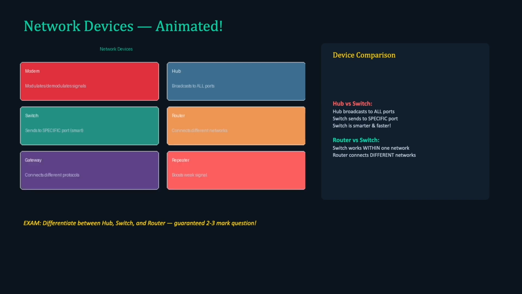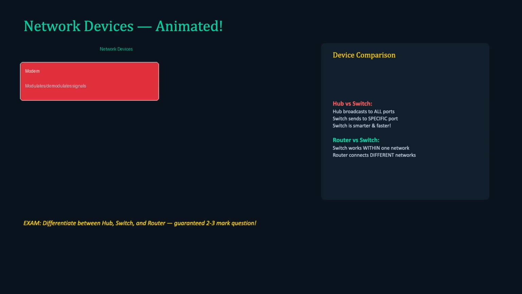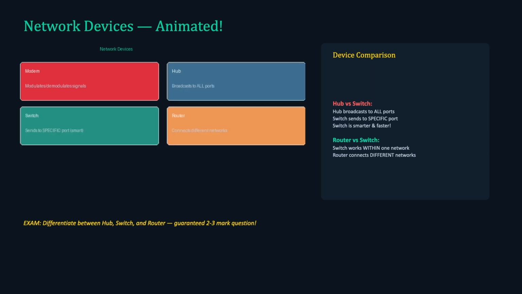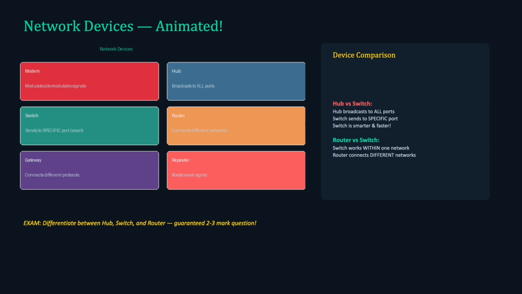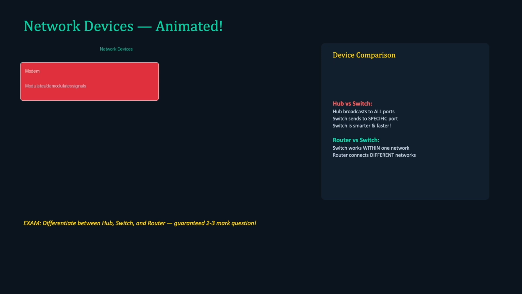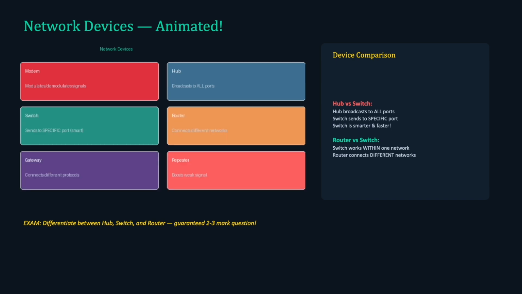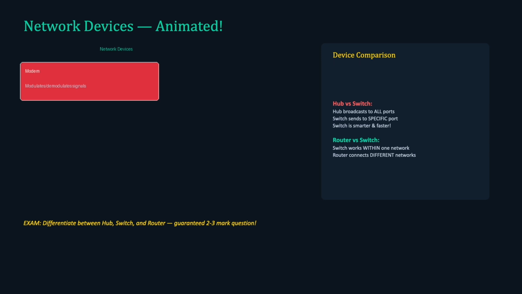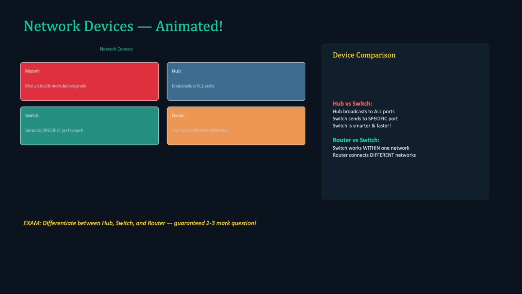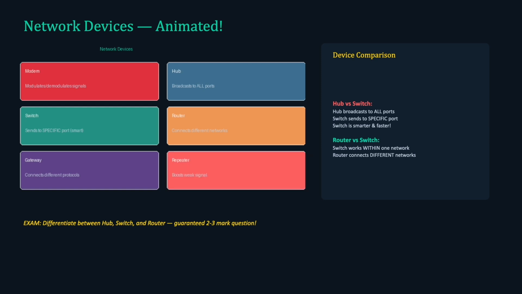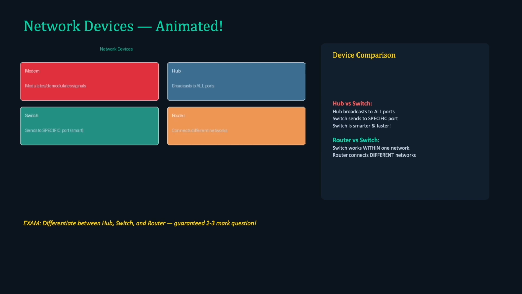Router connects different networks together, like connecting your home network to the internet. Gateway connects networks using different protocols. Repeater boosts weak signals over long distances. The key comparison: hub broadcasts to all, switch sends to specific, switch is smarter and faster.